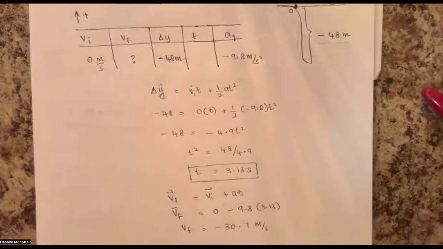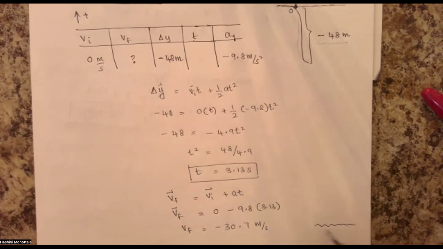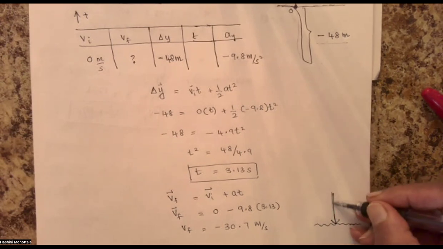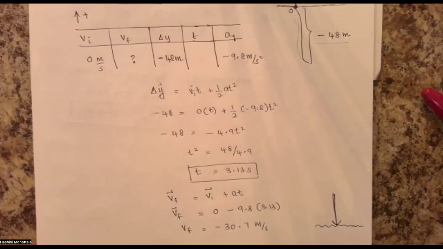Why negative? Because the velocity at the impact, here's the water, water level down below. And at the time of impact, the arrow is pointed in the downward direction, or the velocity is pointed in the downward direction. That is why we have a negative sign here.